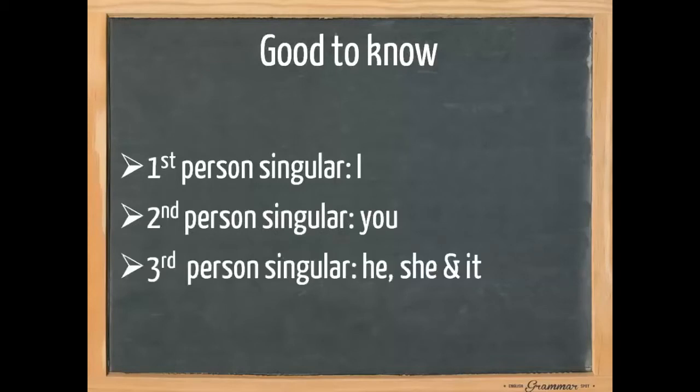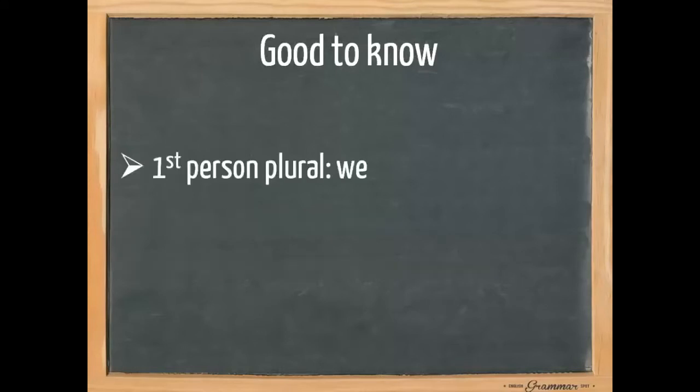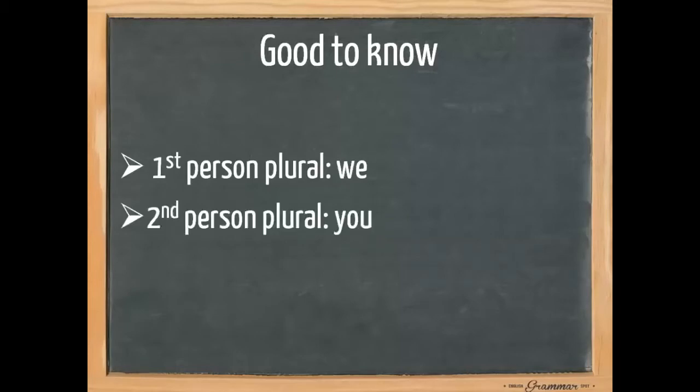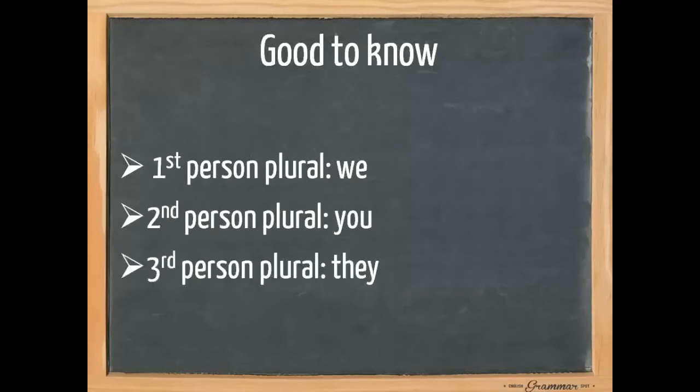And when I say third person singular, I mean he, she and it. When I say first person plural, I mean we. When I say second person plural, I mean you. And when I say third person plural, I mean they. Now let's get started.